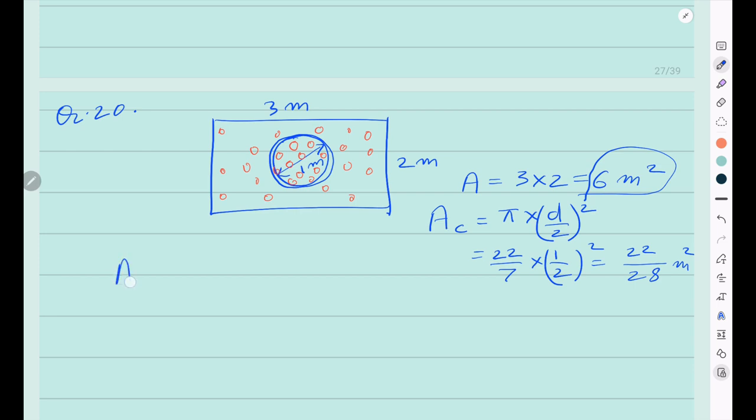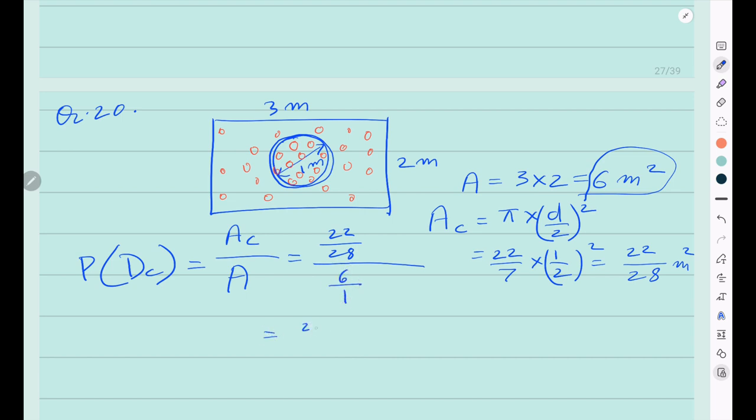So the probability that when the die is dropped it will lie on the circular area will be equal to the ratio of the circular area divided by the overall area, that is 22 divided by 28, divided by 6 by 1.